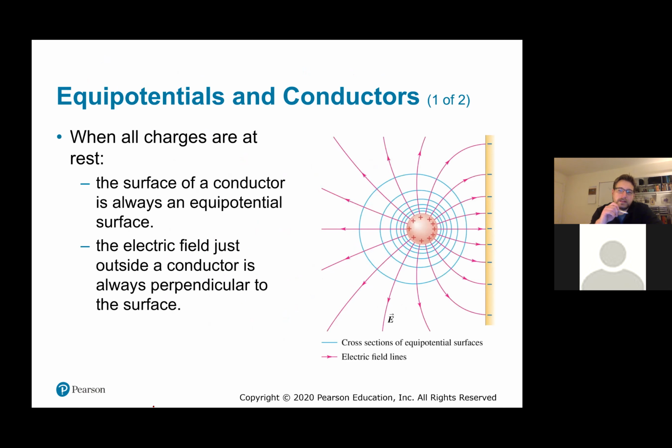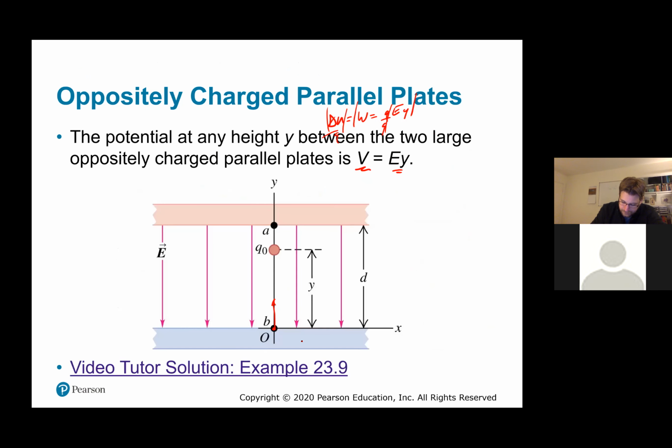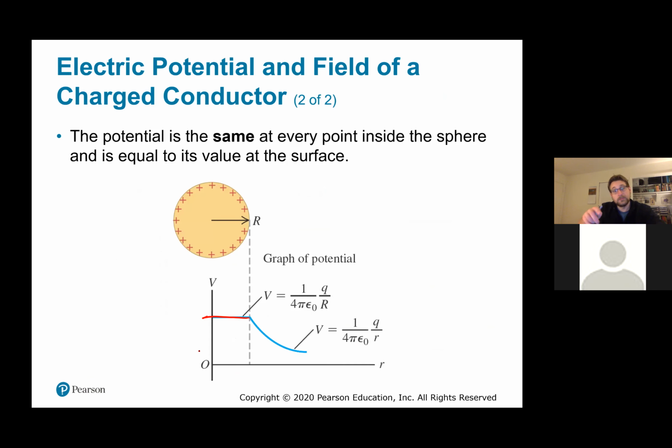Now, remember, the electric field just outside a conductor is perpendicular to the conductor. And the surface of a conductor, in order for all the points within a conductor, hold on, let me go back to that page. All the points within the conductor, including at the surface, are at the same electric potential.